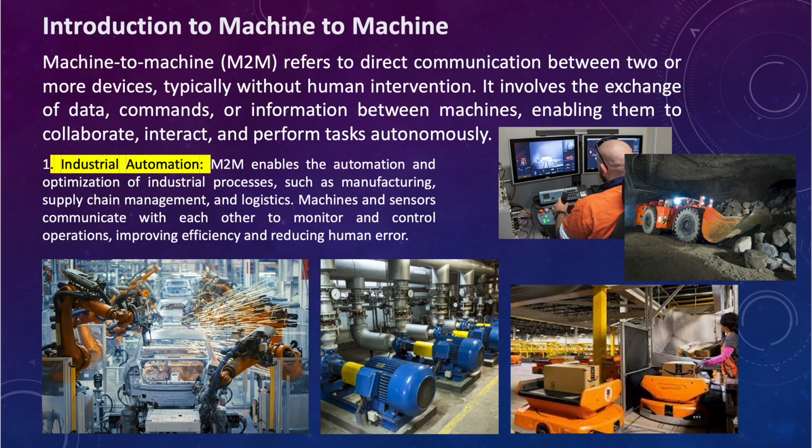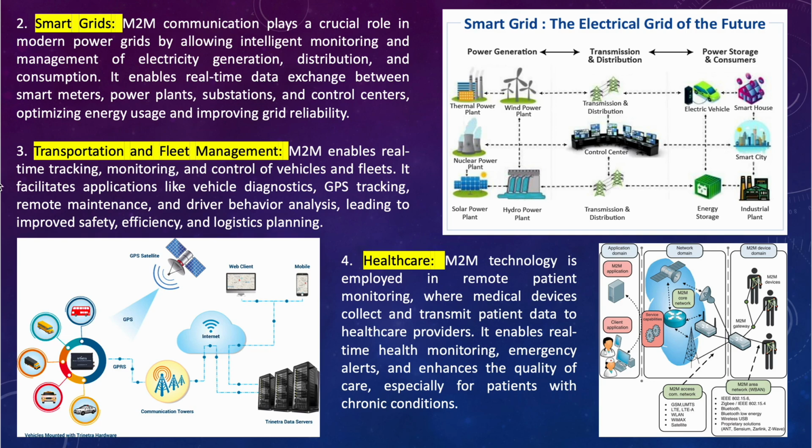Okay, so industrial automation, it is very clear. We talked about many examples, and many examples should come to your mind as well while talking about industrial automation. From industrial automation, we will go to smart grids. M2M communication plays a crucial role in modern power grids by allowing intelligent monitoring and management of electricity generation, distribution, and consumption.